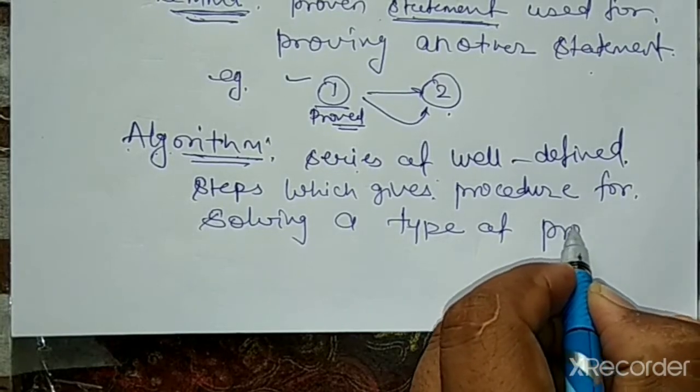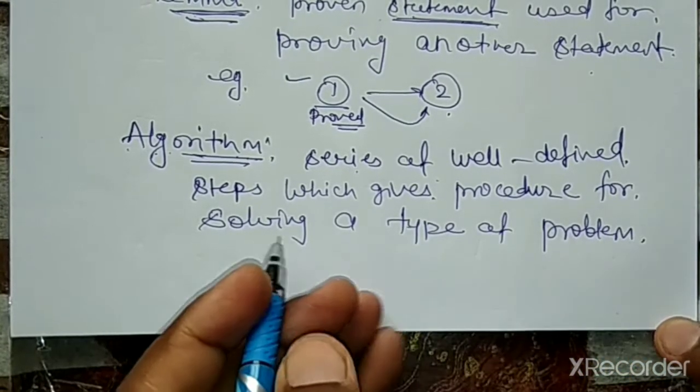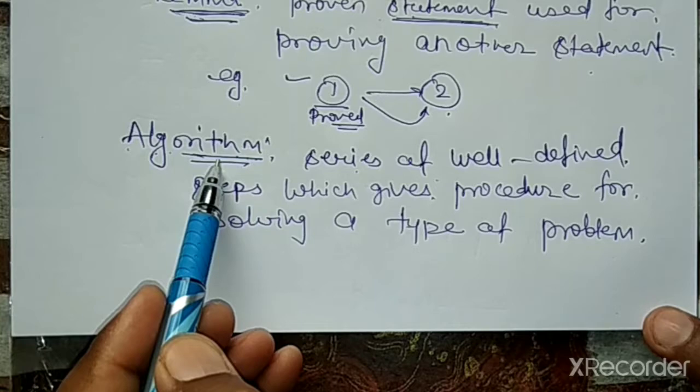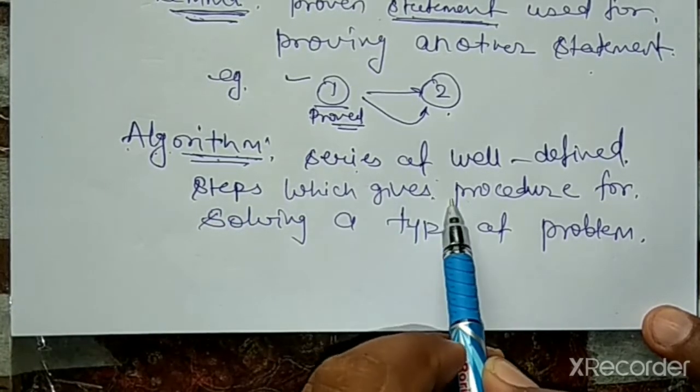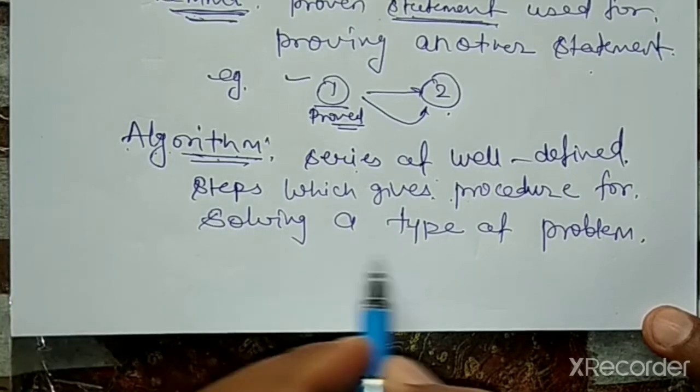What is the meaning of algorithm? Algorithm is a series of well defined steps which gives a procedure for solving a type of problem. Algorithm is well defined steps that we are using, a procedure to solve the problem.